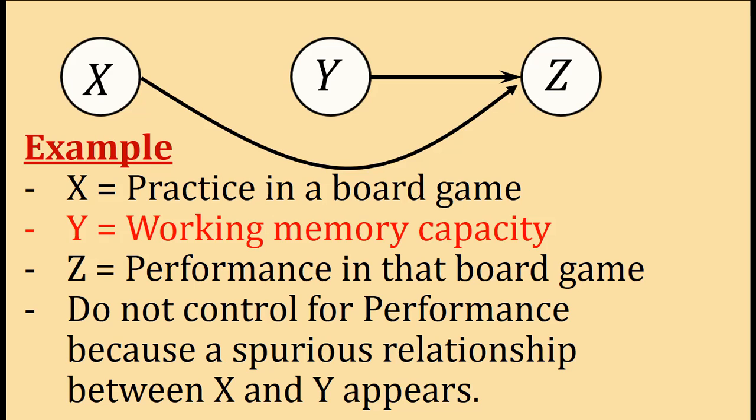Now again, if we control for Z, we are going to create a relationship between X and Y that was not there before. Why?